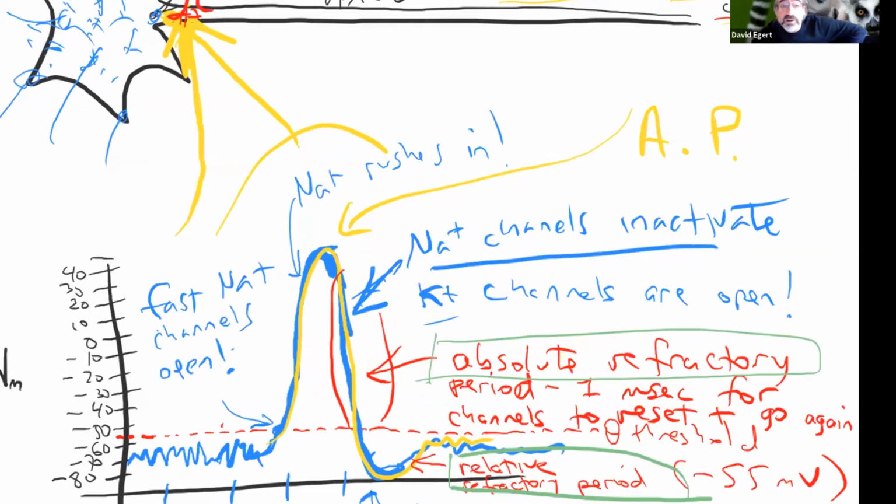But now, again, these voltage gated channels are along the entire length of the axon. So as this little part of the membrane becomes positive, that means this next little section is now coming up above threshold. Which means what? What happens as this next little piece of the membrane starts going above threshold, as this action potential is happening right at the hillock?